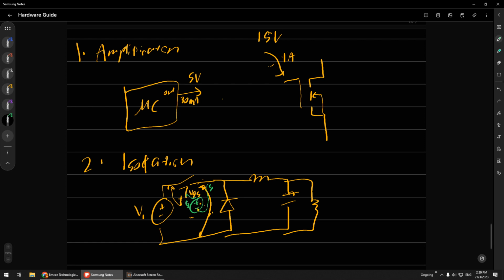So you need a different power supply. But the problem is some microcontrollers have the same ground as here, so it's not possible.